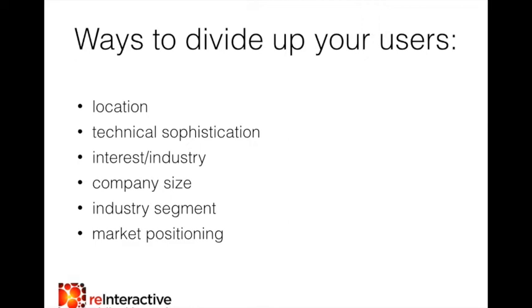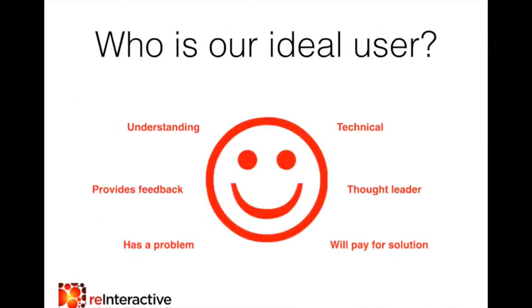All right, so let's talk about factors for identifying those ideal users, because we can divide up our users, but how do we know which ones are the best ones to go for? The ideal user is someone that is going to be interested in a simple value proposition that you can really hone your application down to address.